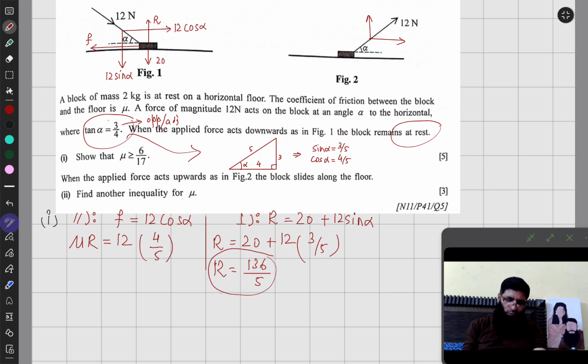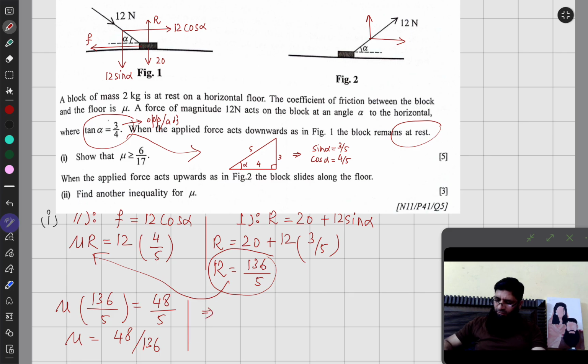And if you put this value over here, you will have mu times 136 by 5 is equal to 48 divided by 5. So mu will be 48 by 136, and if you simplify this, that will be 6 by 17.